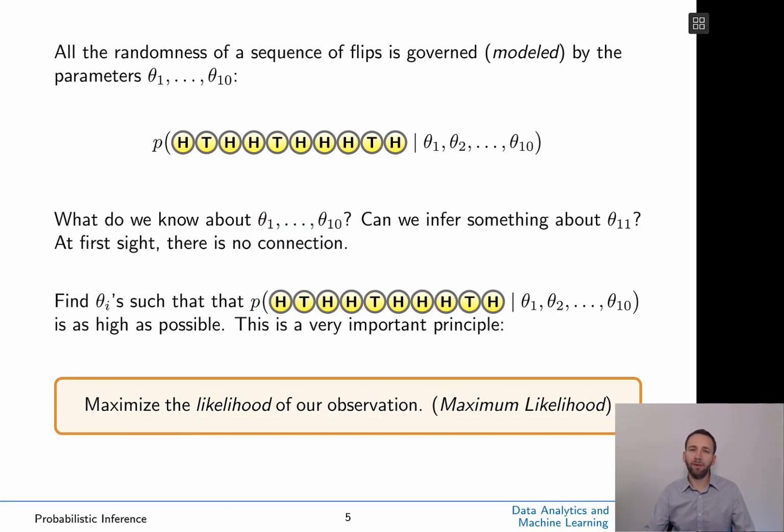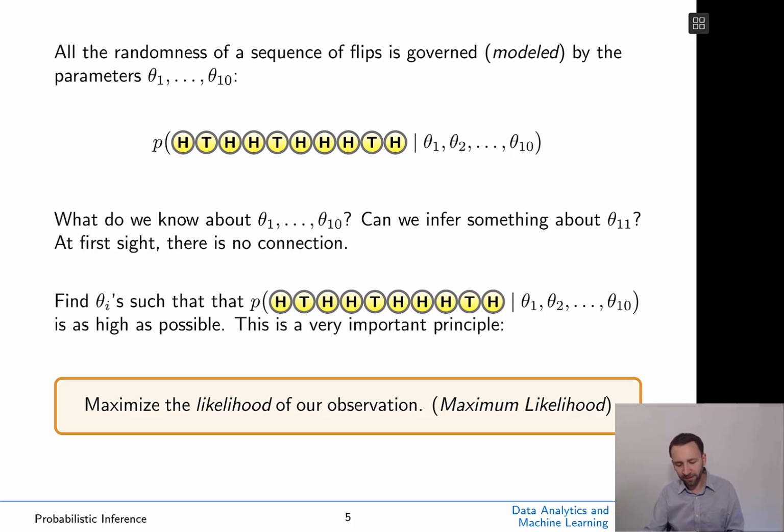Okay, so here's again our setting. What did we do? We had this sequence of outcomes. This is our given data, so to say. Remember in supervised learning, we have given data, x's and y's. Here it's, first of all, much simpler. The data we have is the sequence of outcomes of our experiment, for example head, tail, head, and so on.